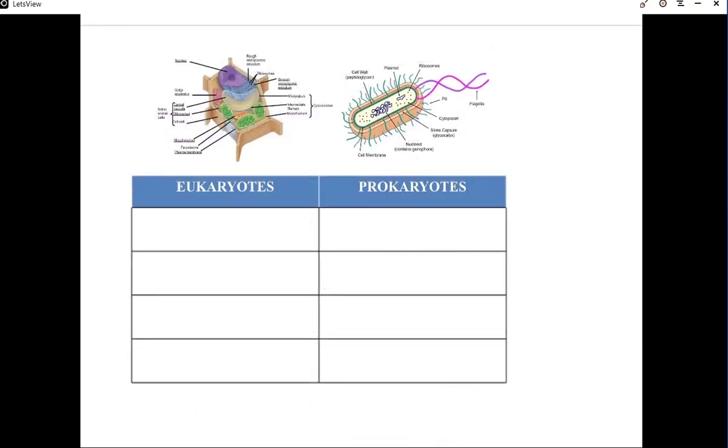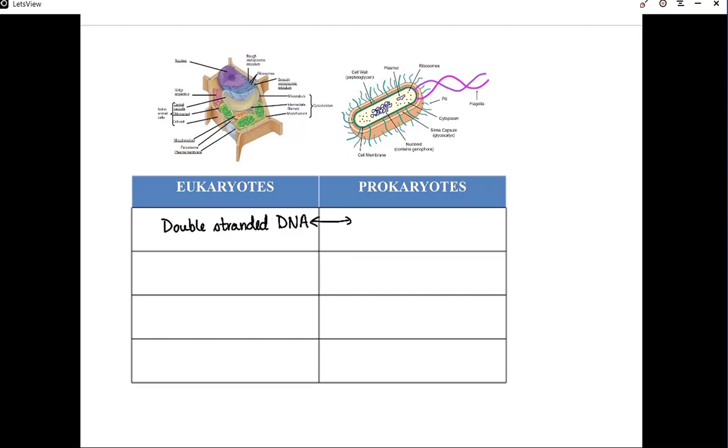Let's put down what we've just learned into a table that compares and contrasts the DNA arrangement in eukaryotes and prokaryotes. So both eukaryotes and prokaryotes have double-stranded DNA. And this DNA represents their genetics. So they use DNA for their genetic code.